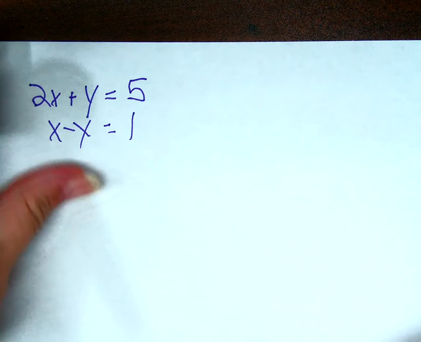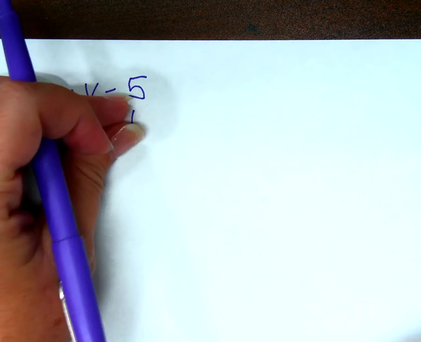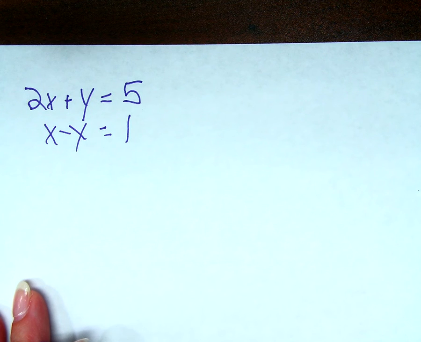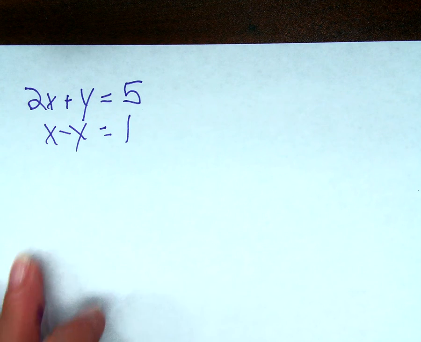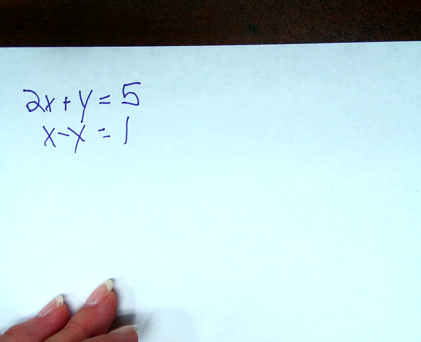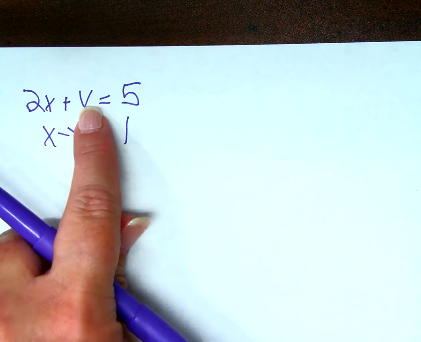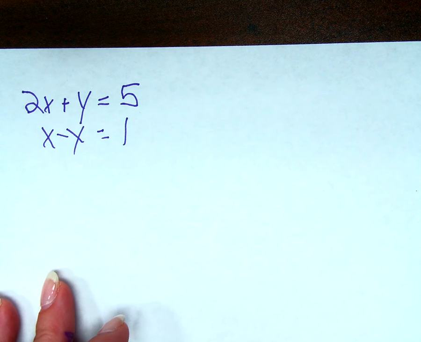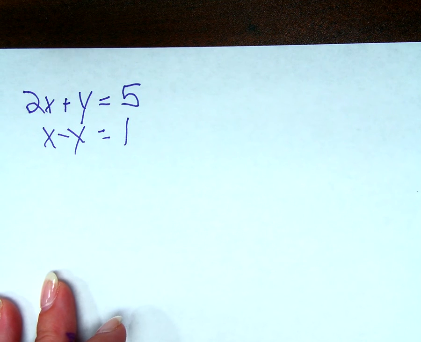I want to be able to combine these two equations together, add them together, and one of the variables to go away when I do that. If I combine these two equations right now, will one of the variables go away? Yes, the y will. I have a y and a negative y. If I add them together, the y will definitely go away because y and negative y is 0, right?